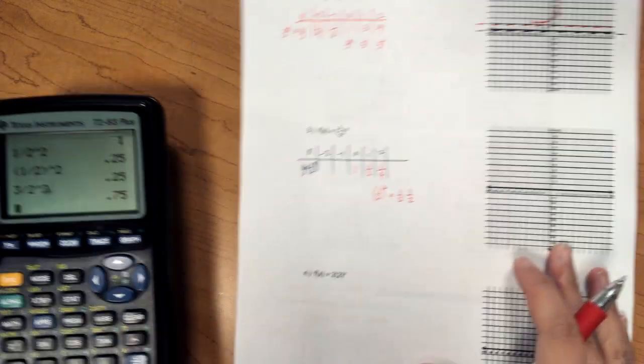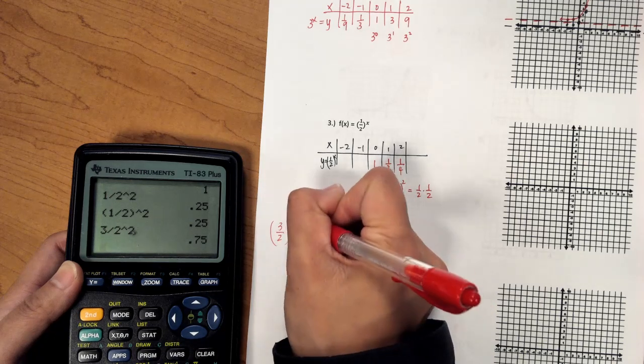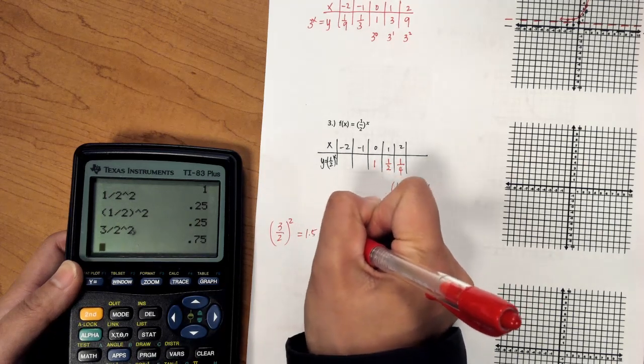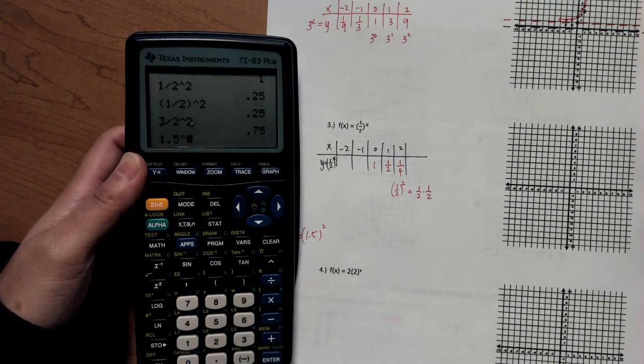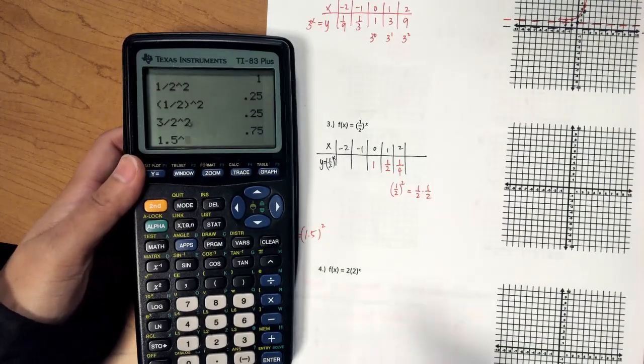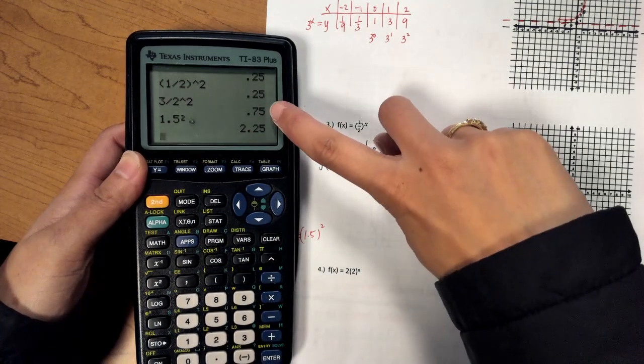Okay, so we would expect that 3, let me just do a sidebar real quick. 3 over 2 squared is really 1.5 squared, right? So if I did 1.5 squared, notice that is not the same as that, okay?